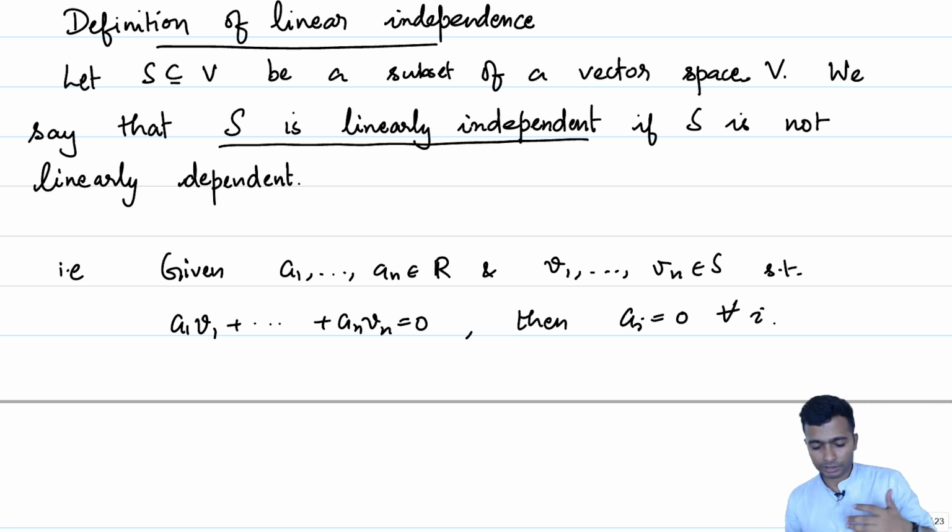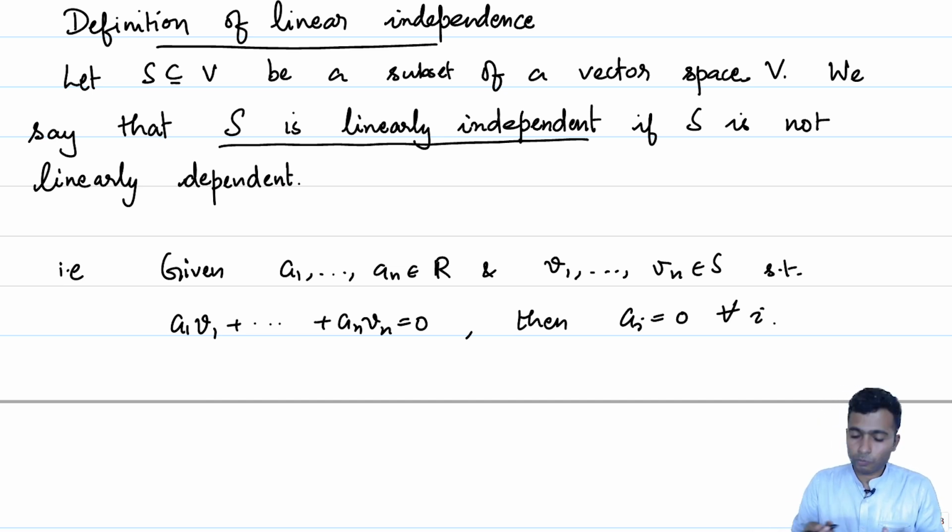That is precisely what it means to say that it is not linearly dependent. This not all 0 would mean that it is linearly dependent. So, this is the definition of linear independence.